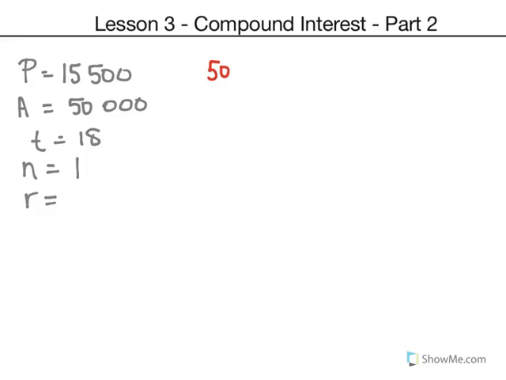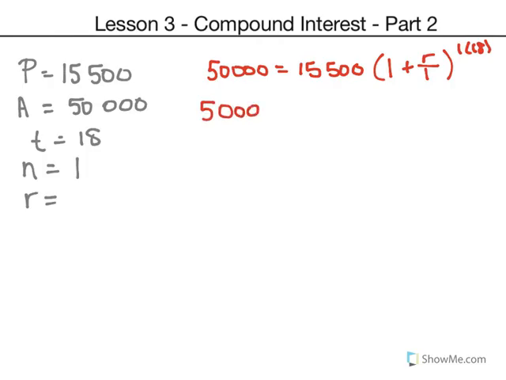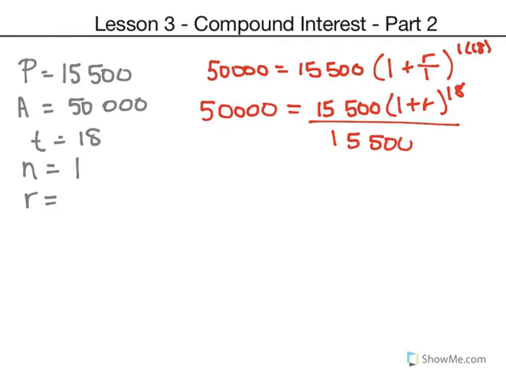So we have 50,000 is equal to 15,500 times 1 plus r, to the power of 1 times 18. To simplify, it's 50,000 is equal to 15,500 times 1 plus r to the power of 18. We don't need the ones. So we're going to divide by 15,500. We're just going to leave it like that because it doesn't come to a perfect decimal.